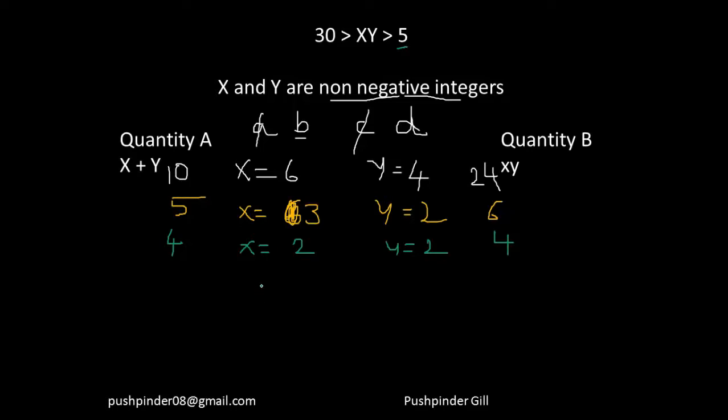That means if I pick another number, let's say x is equal to 10 and y is equal to 1, this becomes 10 plus 1, 11, and this becomes 10 into 1, 10. That means now I have proven that A is greater than B, B is gone, and hence D is my answer.